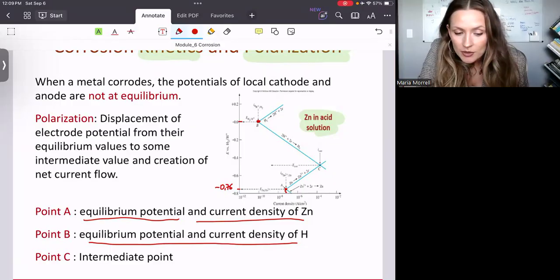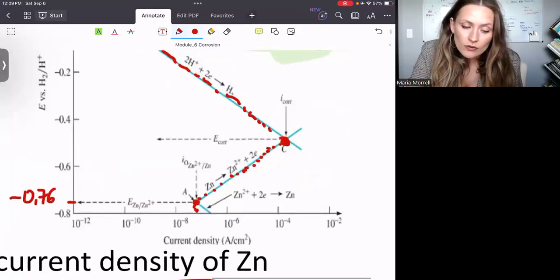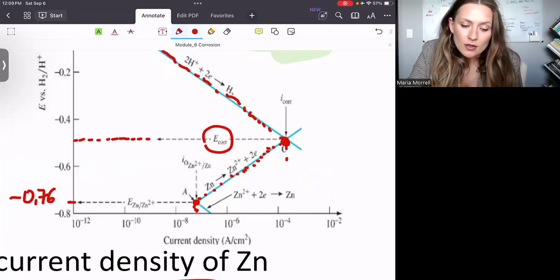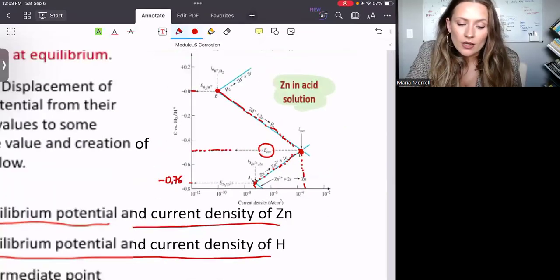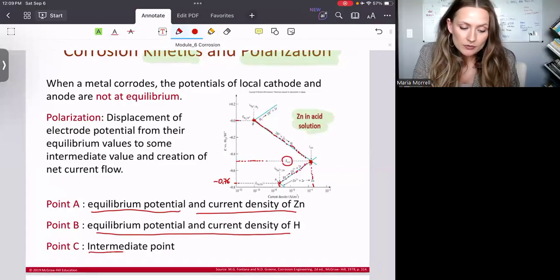And so what's going to happen if we are to actually depict it? We would need to find a point in which these two are identical. And this is what we call E sub corrosion, and there's going to be also a current associated with it. We call this the intermediate point.